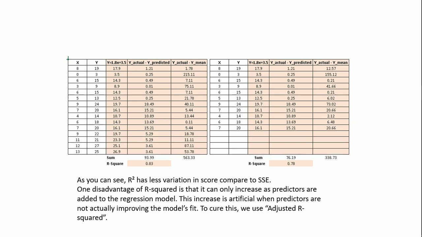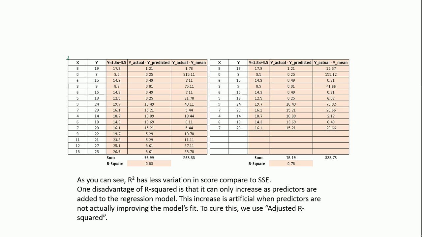Now there is one disadvantage of R square: it can only increase if predictors are added to the regression model, that is, if more and more independent variables are added.